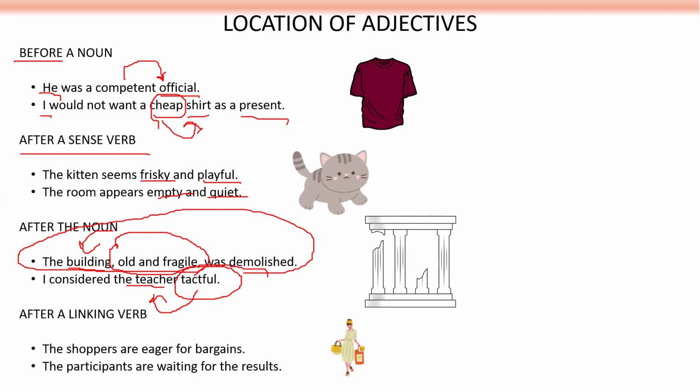All right? Pwede mo namang sabihin, the old and fragile building was demolished. If you feel like you're not confident to use this technique, refrain from using it because it might lead to more confusion. Okay? You're going to risk more deductions here. Okay?